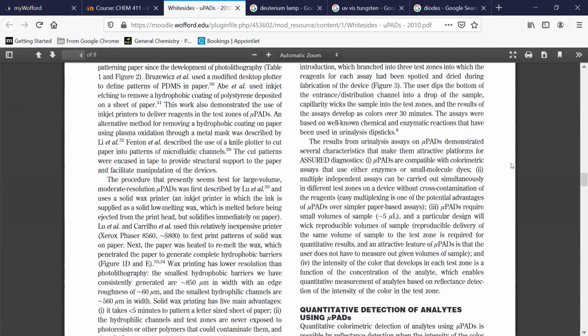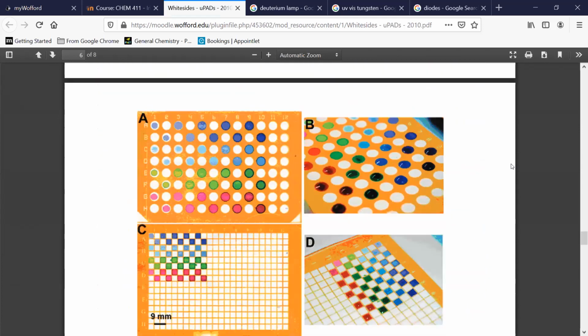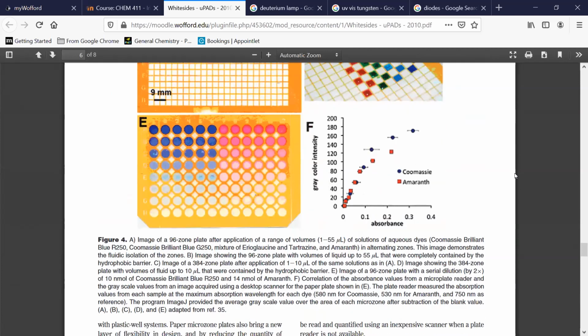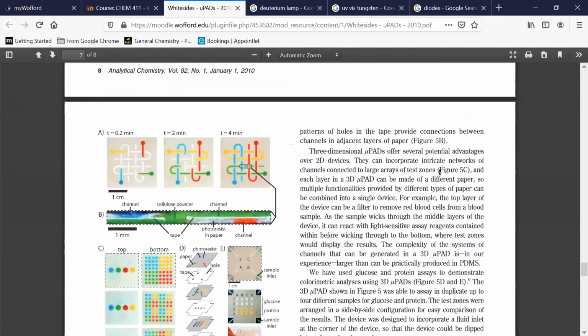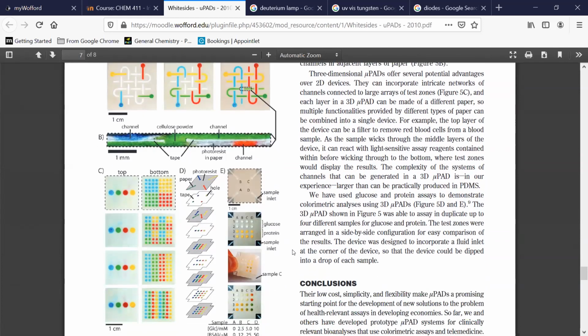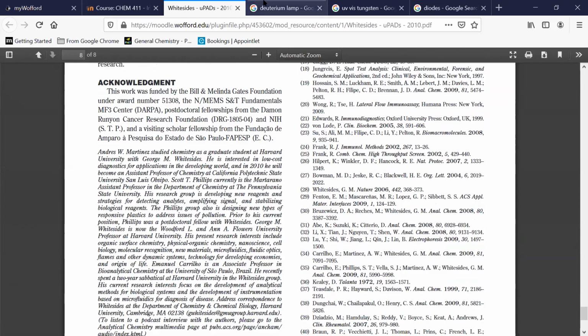And so this is his method paper for how he developed these. They get pretty complicated. There's a 96 well plate on paper. This is one where it actually flows through multiple layers of paper. It's really neat, and he's a really ingenious dude, George Whitesides. And so that's just if you're interested kind of paper.